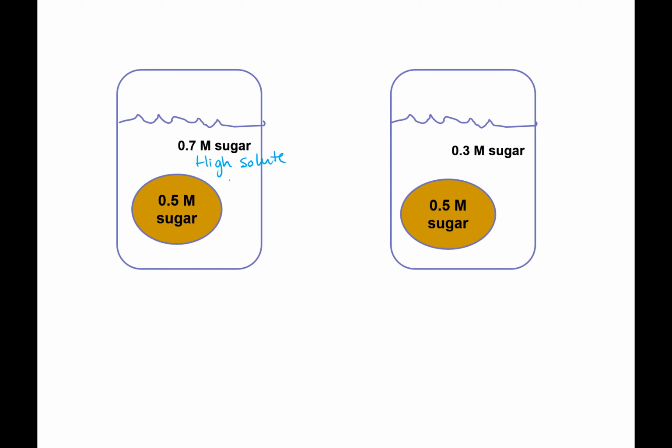If you have high solute, you have low water. So which way is the water going to move? From high to low. Okay, low solute, higher water.